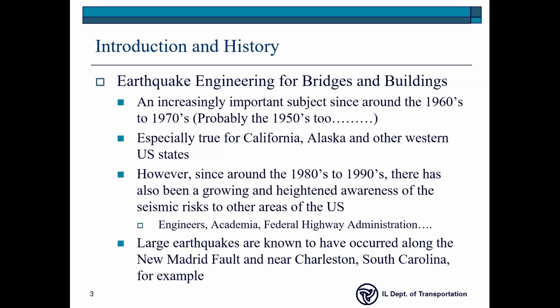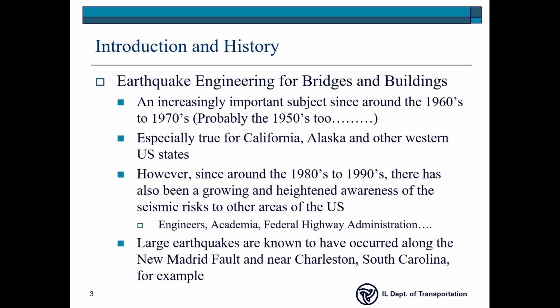Okay, so just like the history of earthquake engineering in 1 minute here, it really became a much more important subject since around the 1960s and 1970s, but probably more around the 1950s.